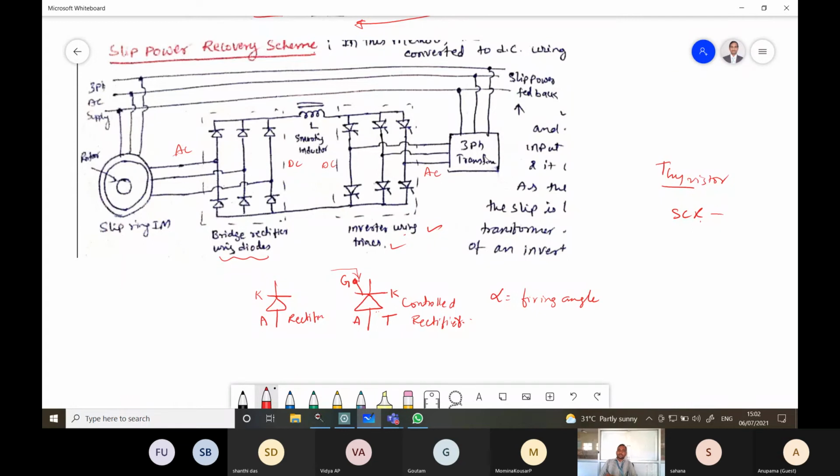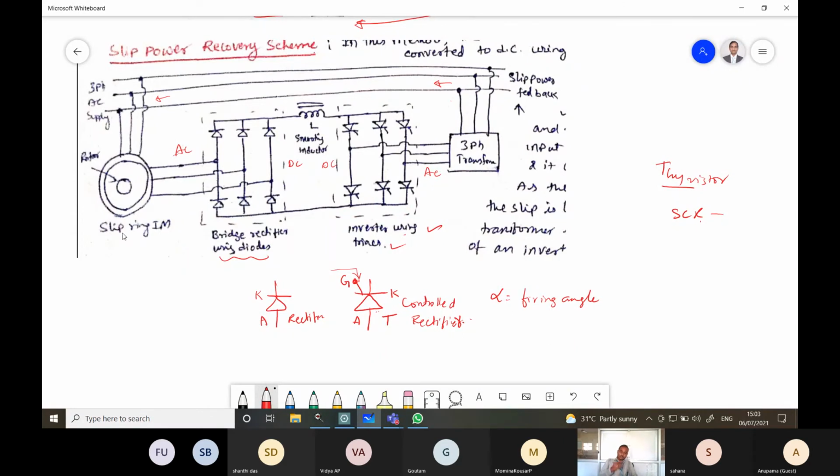That is given back to the three-phase transformer, which supplies the same grid, our supply line. Whatever firing angle control is achieved changes the voltage applied, so the speed of the induction motor can be controlled.